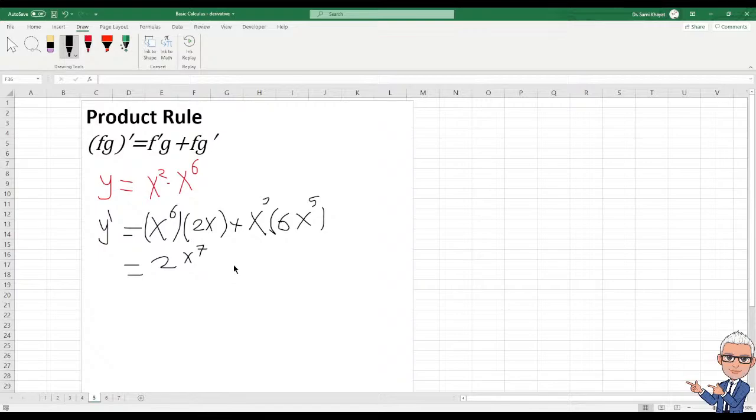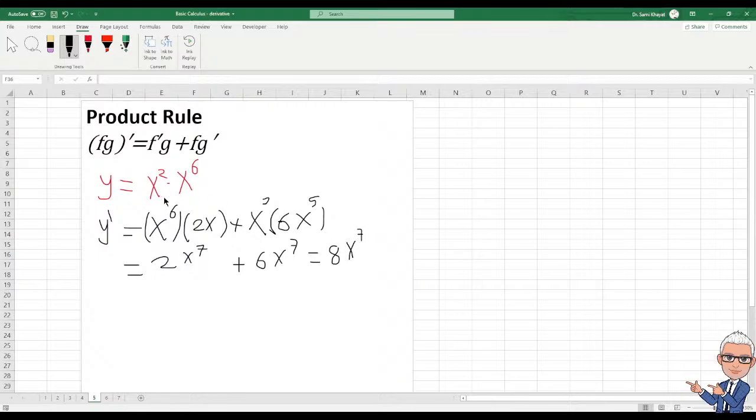Okay, this is simple. And this one will give me 6x power 7. If you add them together, it will give you 8x power 7.